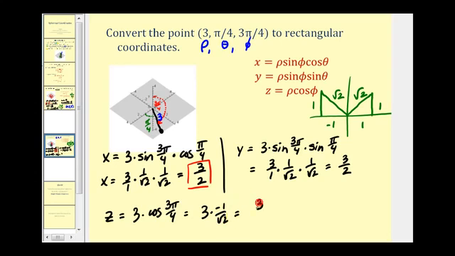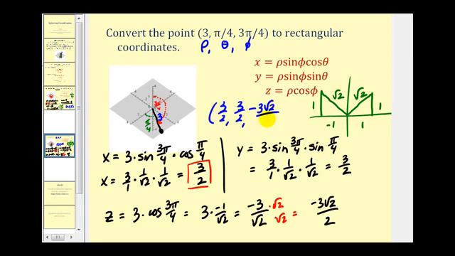So it looks like we have negative 3 over the square root of 2. If we want to rationalize this, we can. We're going to have negative 3 square root 2 all over 2. Okay, so to put this all together, our rectangular coordinates will be 3/2 for x, 3/2 for y, and negative 3 square root 2 over 2.